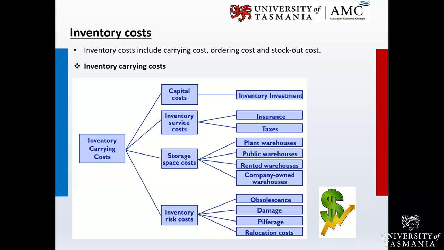For example, capital costs are inventory investment. Service costs include insurance and taxes. For storage space costs, there are 4 different elements, and for risk costs, we identified 4 elements. So this is inventory carrying cost.